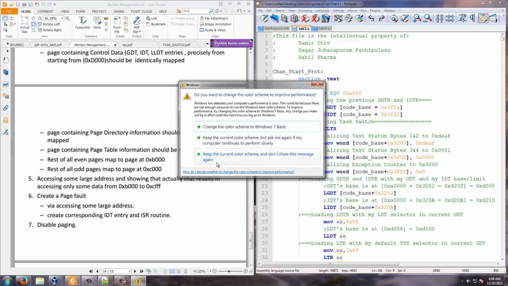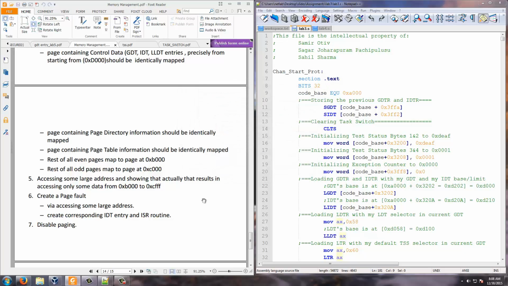So it is very, very important that we map that page identically. That is the page which is enabling paging onto itself, so that once you enable paging somewhere in that page, the next instruction to be executed will also belong to that same page. So this is very important. We have already demonstrated this in the class.